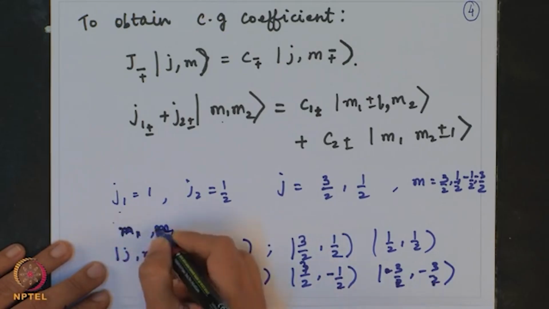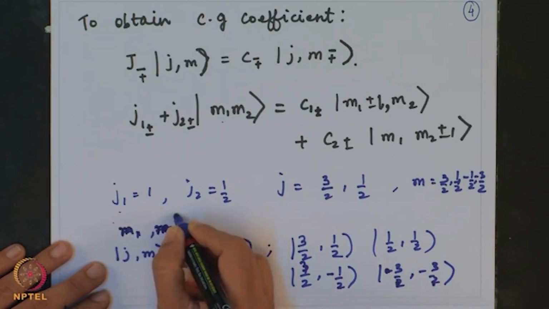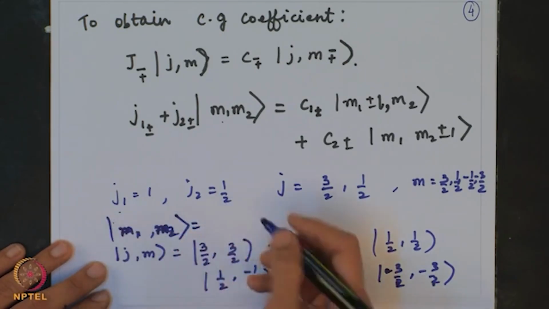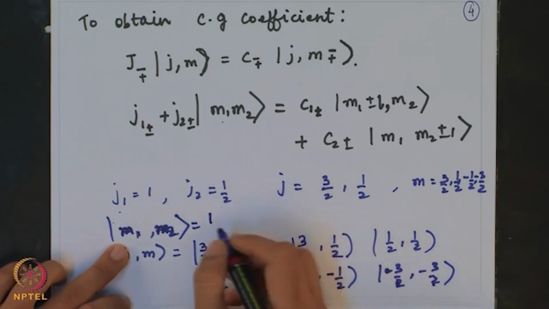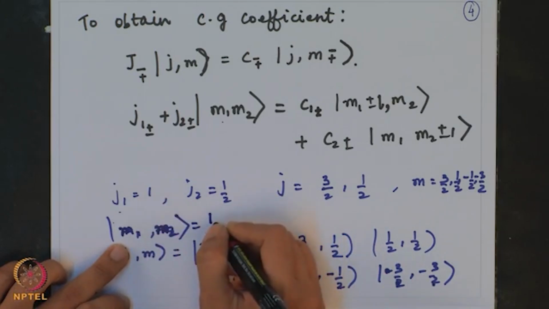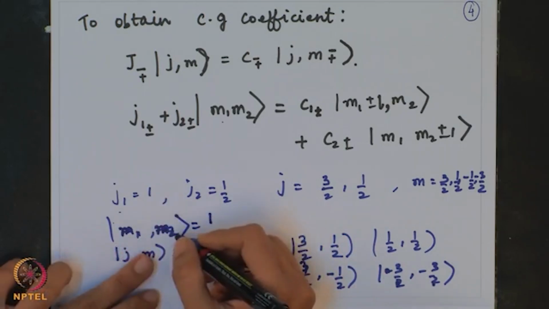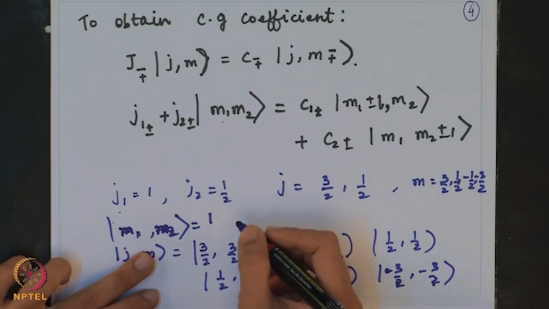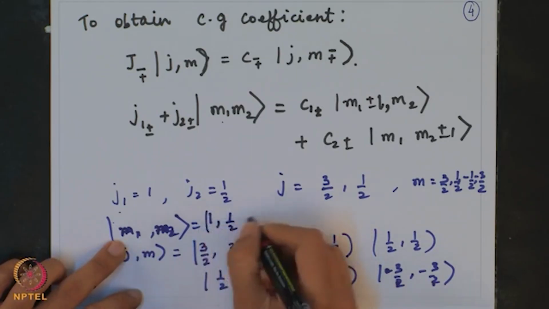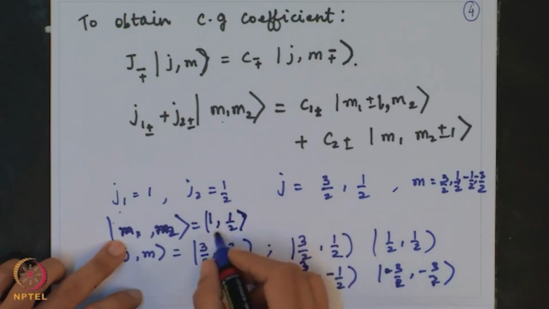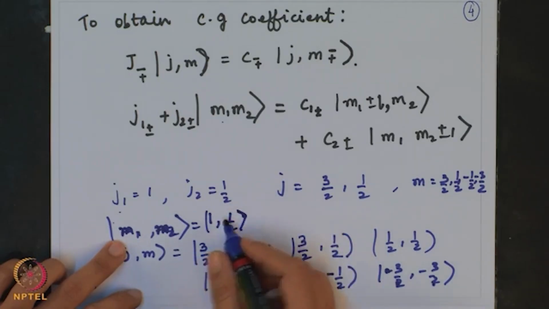So, M1 and M2, let me rewrite it here only. M1 can take the values 1, 0 and minus 1, and M2 can take the values half and minus half. So, the highest state which can be achieved is 1 and half.